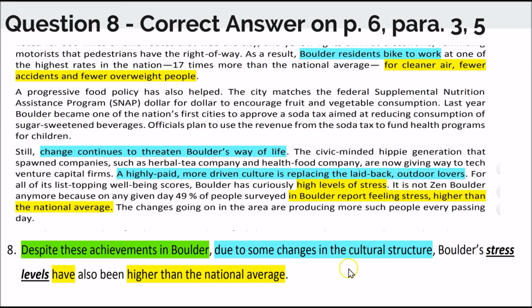And because of this, Boulder's something have also been higher than the national average. So if you go to this paragraph, you will see that in Boulder, the stress levels are higher. They have higher stress levels compared with others. So the words stress levels will be our key, the information that we need from this paragraph.